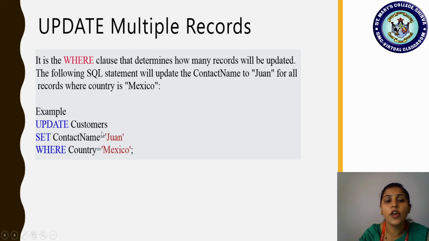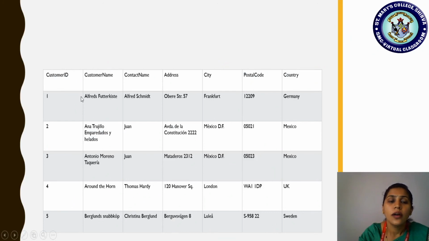If you had written only: update customers, set contact name equal to Jan, where we avoided any condition, it means for all 5 rows the contact names will be updated with Jan. Are you all understanding? As we added the condition here, only the country with the value Mexico was updated with Jan.